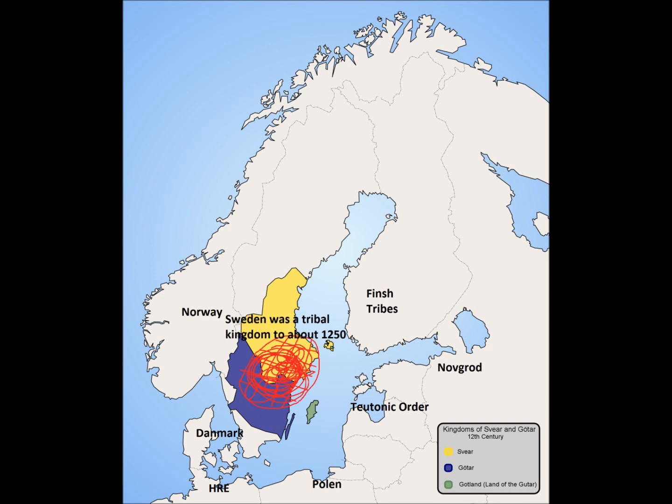Not a super important fact, but an important fact is that Sweden was what I would call a tribal kingdom until around 1250, and some noble families continuously waged war against each other, as you can see in my fine drawing. That is a fact that explains somewhat the peasants' freedom, because of course if you constantly need the peasants to fight for you, you can't really demand anything from them.